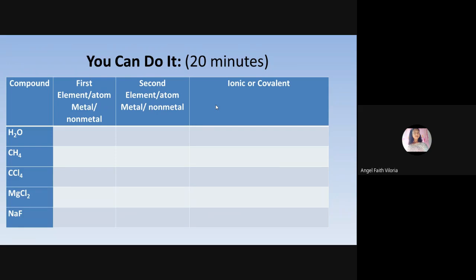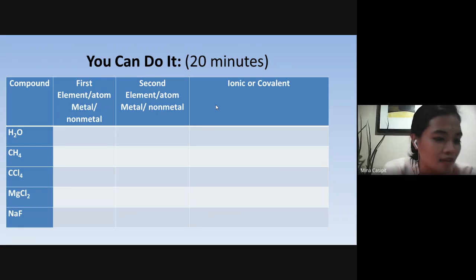C, Cl. Is Cl metal or non-metal? Okay, correct. Cl is non-metal plus carbon. C is carbon, which is non-metal. Cl is chlorine, which is non-metal also, so it is covalent. Correct. Number 4.